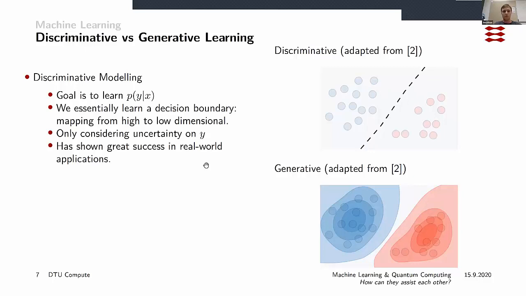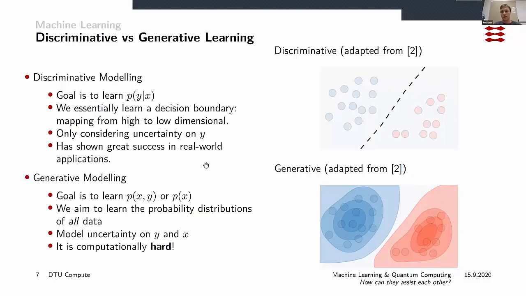But we could also imagine a much harder task, which is to learn the joint distribution over both the image and the label itself. This means that we have to know the probability distribution over all the data, which might seem abstract, but the idea is that we get to put likelihoods on all the data points.